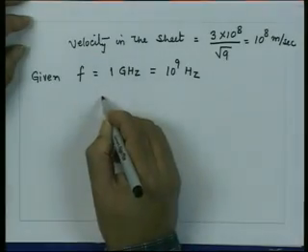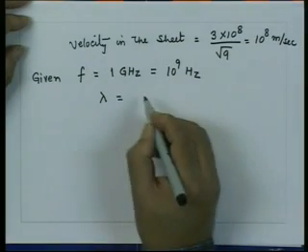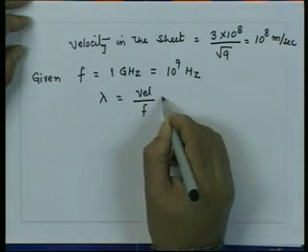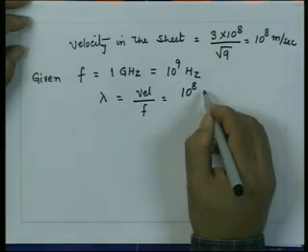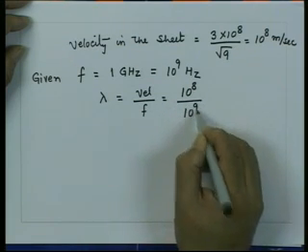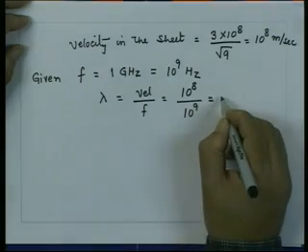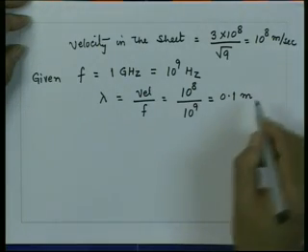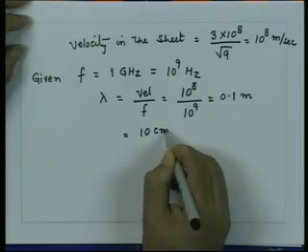From here we can calculate the value of lambda, which is the velocity divided by frequency. So, that is equal to 10 to the power 8 divided by 10 to the power 9, which is equal to 0.1 meters, or 10 centimeter.